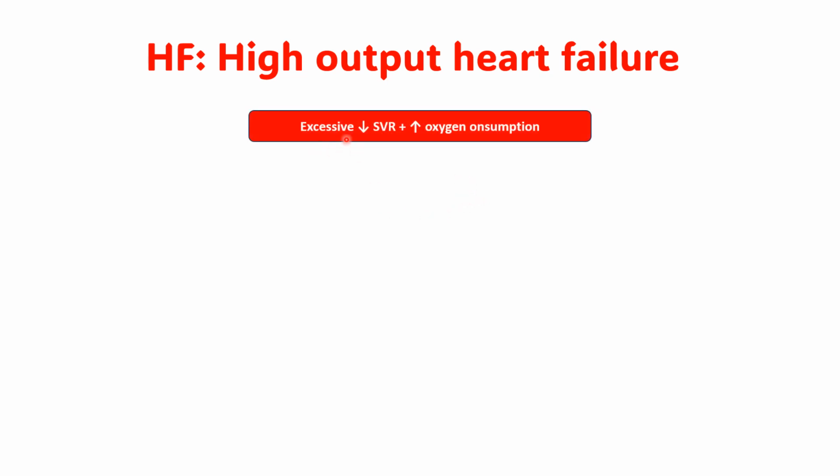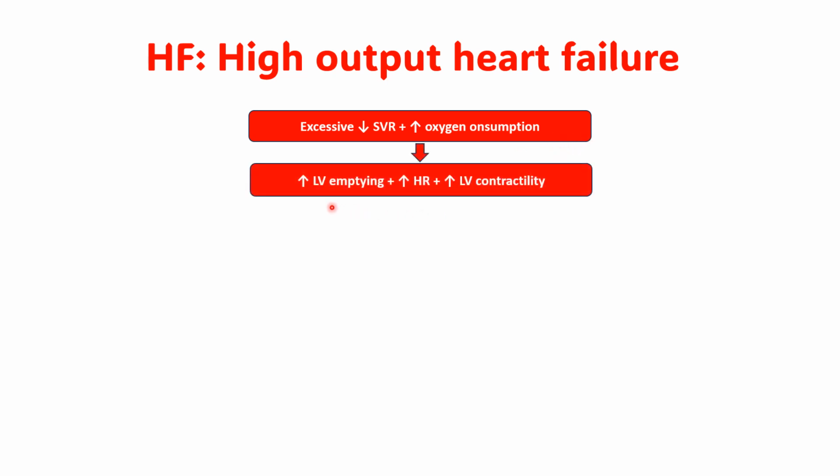Right, so we have an excessive decrease in systemic vascular resistance. I'm going to pick out a few conditions where this applies. This is just a general schematic. We have an increased oxygen consumption, so we have increased left ventricular emptying, an increased heart rate, and increased left ventricular contractility.